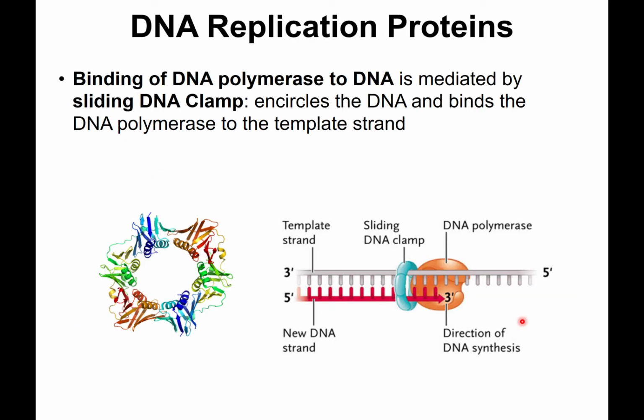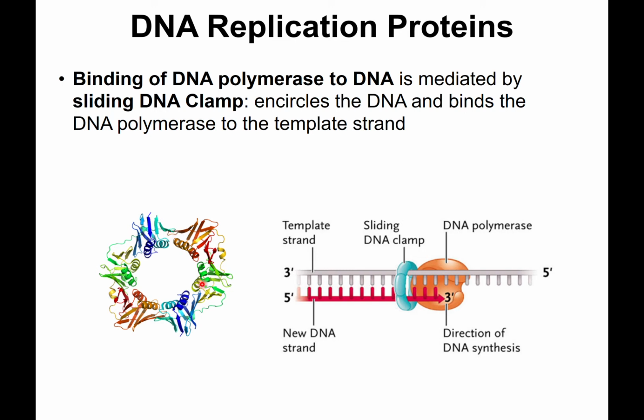Now, the DNA polymerase doesn't work on its own. And again, what we're talking about mostly here is DNA replication in prokaryotic cells. There are differences with eukaryotes, but DNA polymerases in general do not work on their own, but they are kept attached to the DNA by another protein, which is called the sliding DNA clamp here, which forms basically a circle that goes around the DNA, keeping the DNA polymerase attached to it.